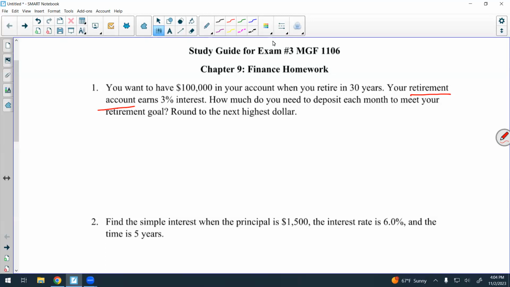What type of retirement account did we learn about? Interest. Simple interest? No, that's the compound one. Is that what you're talking about? The annuity? Annuity. So we're talking about an annuity account. And are we paying in or are we getting out? We're paying in.